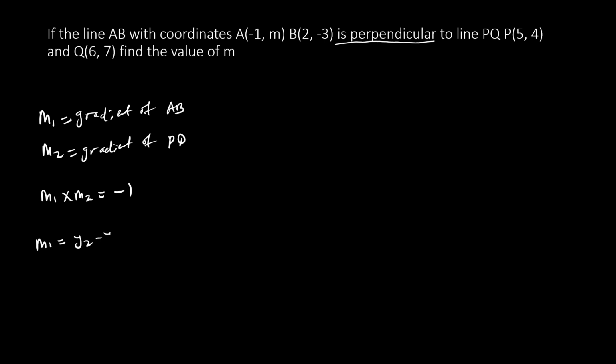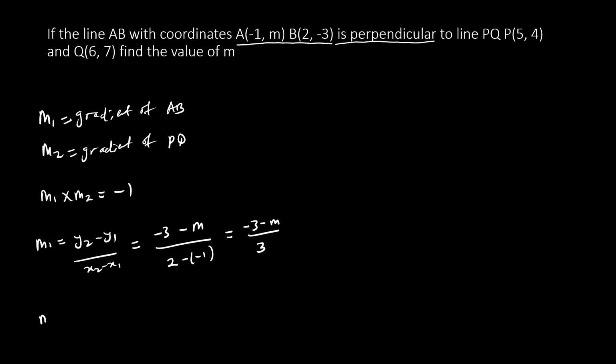M1 equals y2 minus y1 over x2 minus x1. And from this point, you have y2 to be -3 minus m over x2, which is 2 minus -1. And this equals -3 minus m over 3.